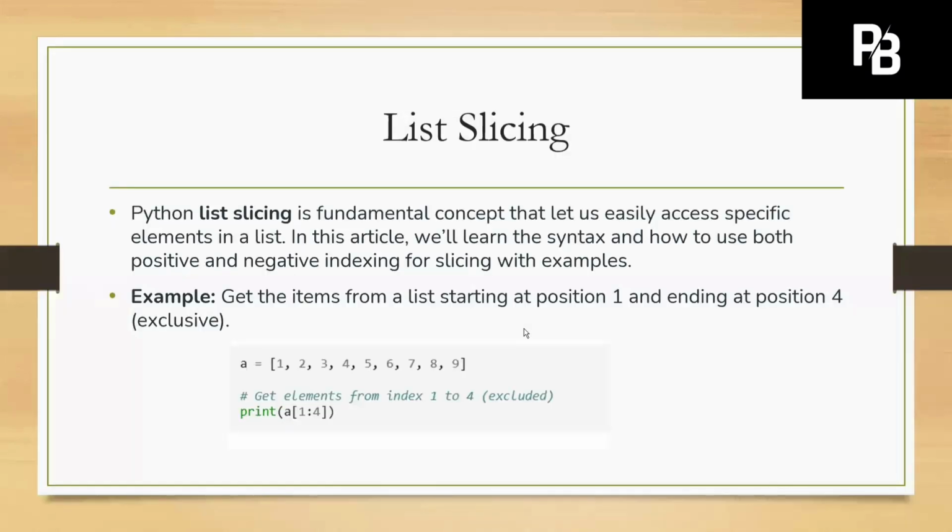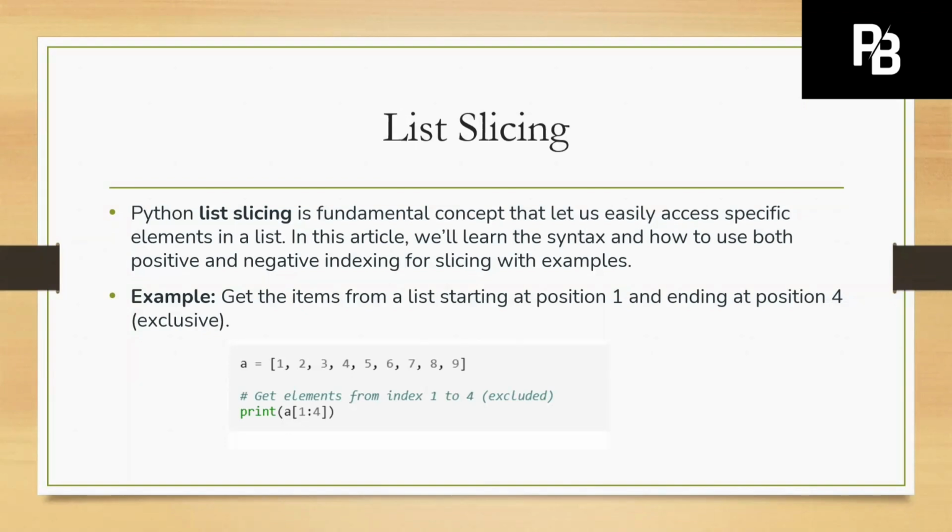So first of all, students, we have list slicing. We are already familiar with this word slicing, because we already learned slicing in strings also. It's quite similar. Python list slicing is a fundamental concept that lets us easily access specific elements in a list.